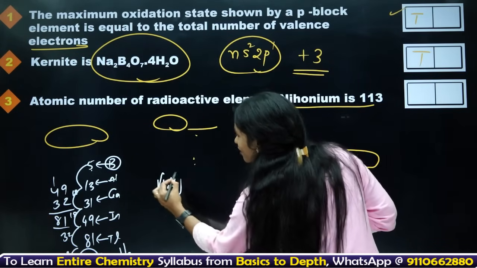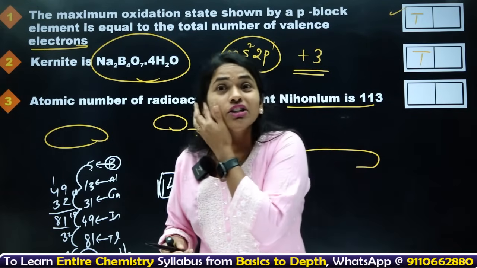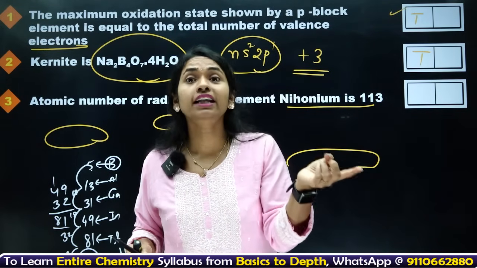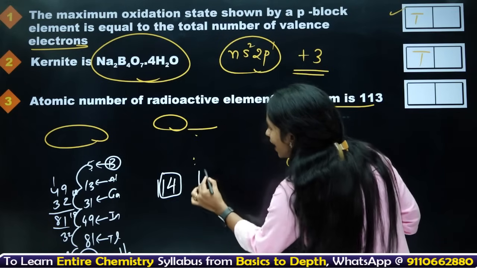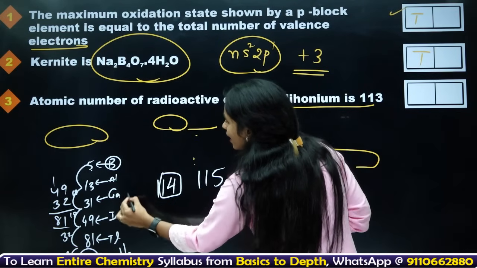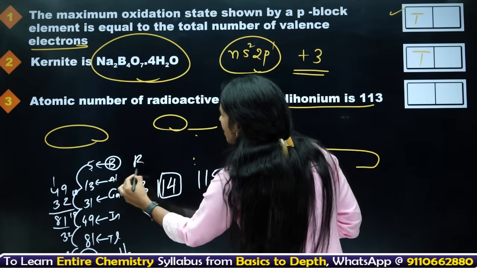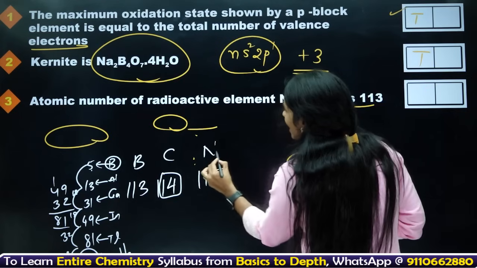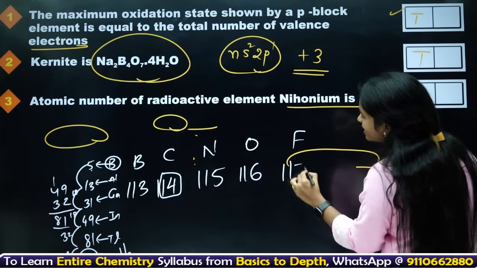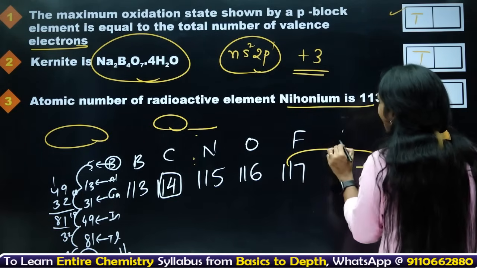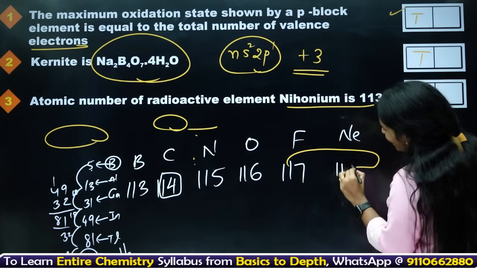See the last one, 14th group. Carbon family is the 14th group. Next, for example, 115. See, this is 113 boron family, carbon family, nitrogen family. 116 is the oxygen family. 117 is the last element, and noble gases is 118.